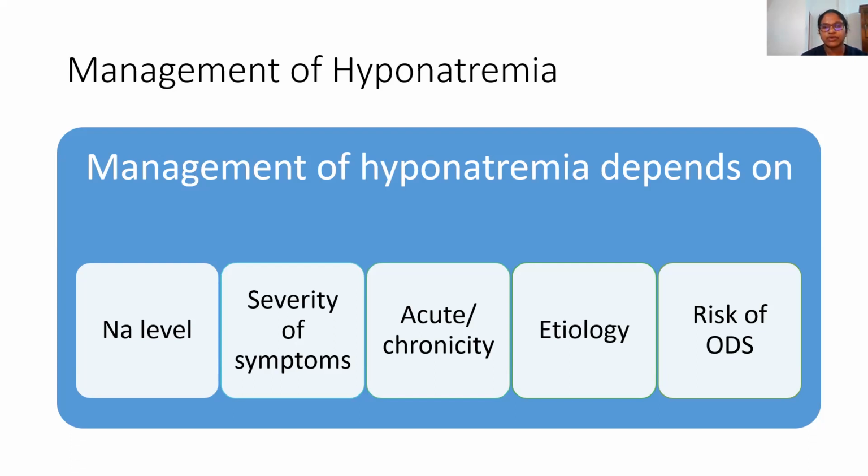Then you have to go by the severity of the symptoms, whether there are severe life-threatening symptoms or mild to moderate symptoms. Then we have to assess whether the disease is acute or chronic. Then again, you have to look at the etiology of the hyponatremia. And then you have to assess the risk of osmotic demyelination syndrome. All of these things you have to consider before managing a hyponatremic patient.